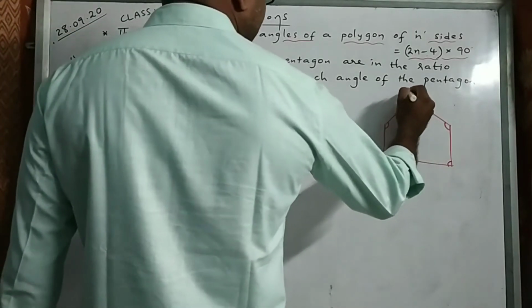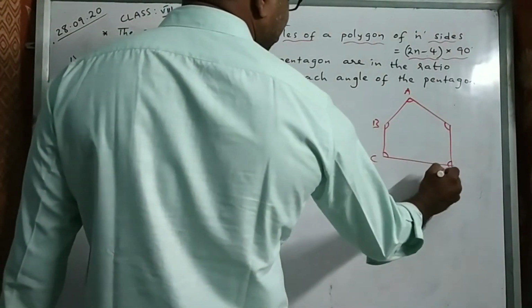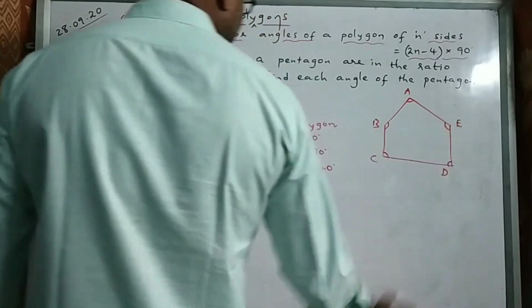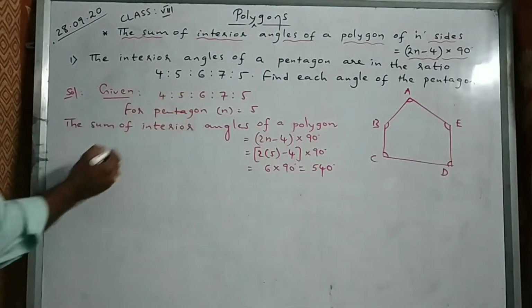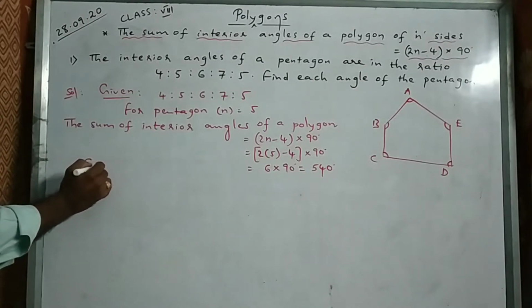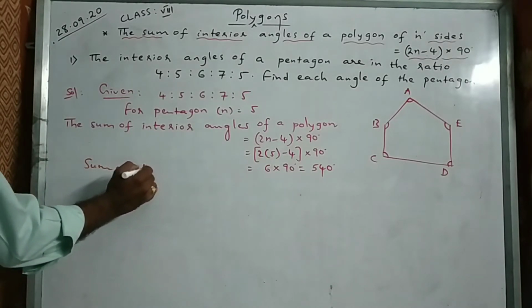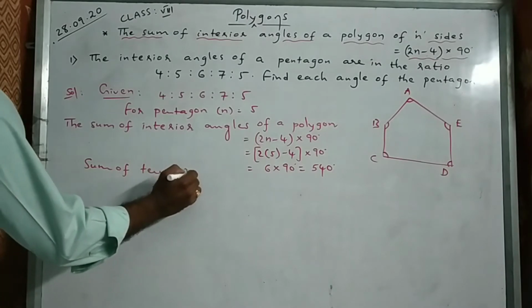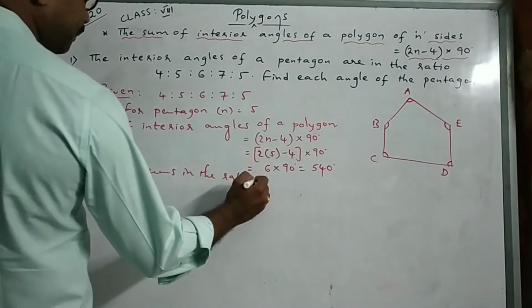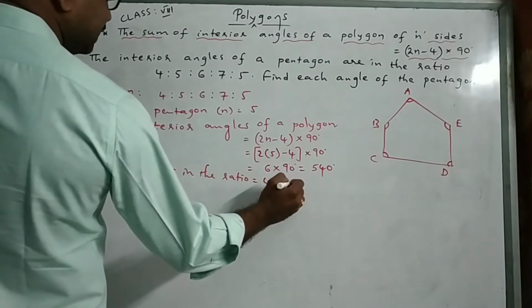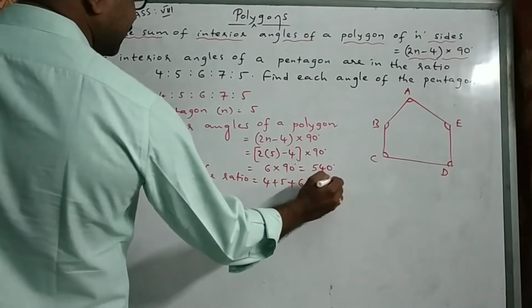Now, the sum of interior angles of a pentagon is 540. So 5 angles are there, A, B, C, D, E. We have a well-known method. We take the sum of the terms in the ratio: add them, 4 plus 5 plus 6 plus 7 plus 5.